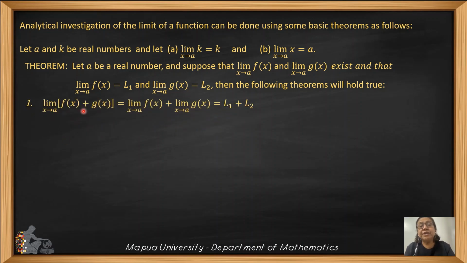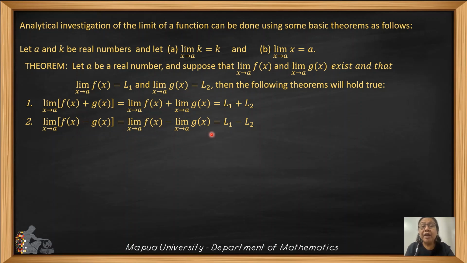The limit of a sum of functions f of x plus g of x as x approaches a would equal the sum of the limits of each of these functions as x approaches a, given by L sub 1 plus L sub 2. Dealing with the limit of the difference of functions f of x minus g of x as x approaches a, we have that equal to the limit of f of x as x approaches a minus the limit of g of x as x approaches a, or L sub 1 minus L sub 2.